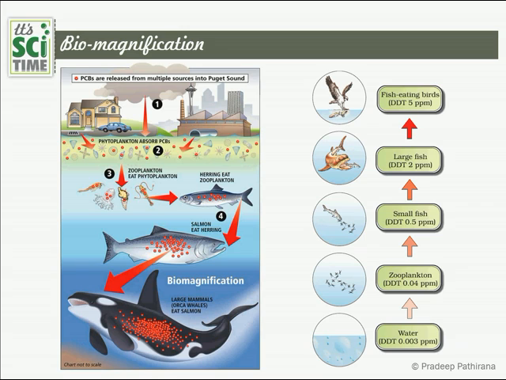But when other organisms, the zooplanktons, eat them, the concentration of those chemicals at the second level is greater than the previous. When these are eaten by the herring, the concentration is higher because they accumulate it; they do not get rid of it through the excretory system. That is the main problem here.